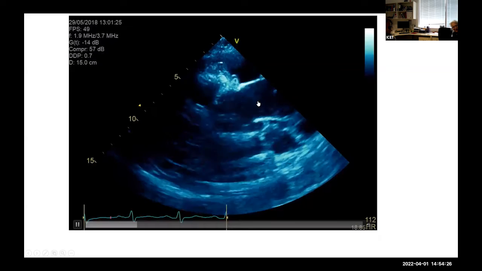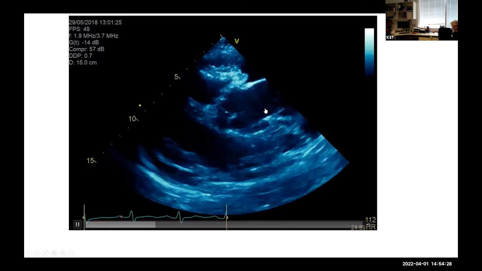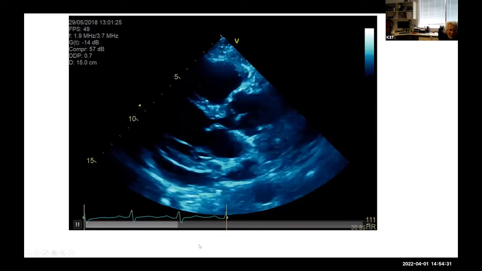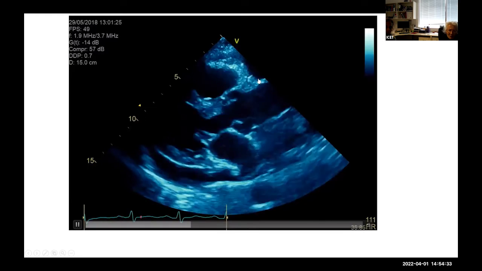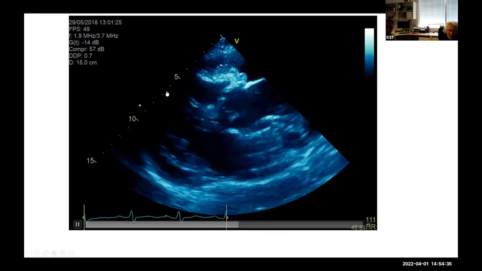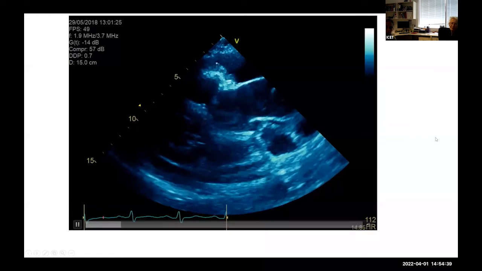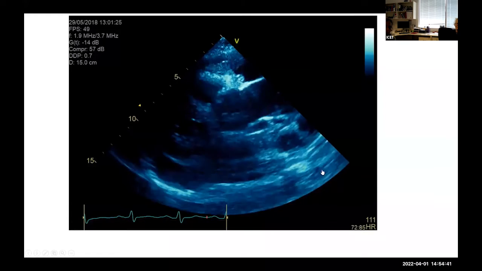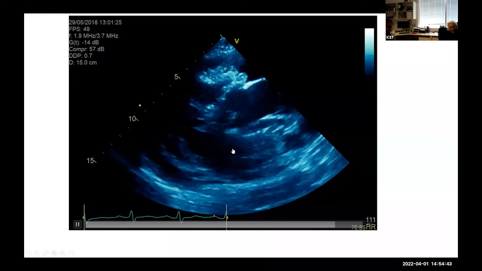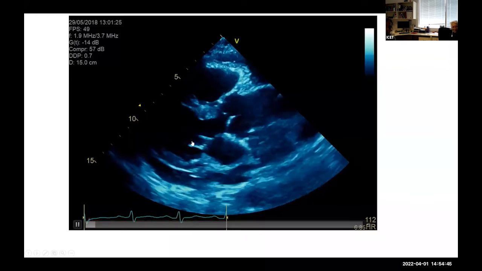The aortic root looks pretty dilated to my eyes. Upper limit might be maybe 3 centimeters, so it's maybe slightly on the cusp of normal. The left atrium looks kind of small.